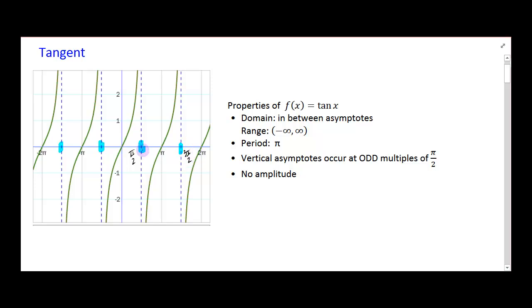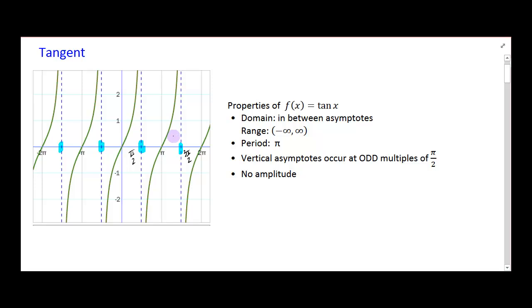So for one complete picture of tangent to occur, meaning I'm going to come up, cross, and keep going in that direction, this all occurs in a period of pi. If I take 3 pi over 2 and subtract pi over 2, you can see that one period is pi.